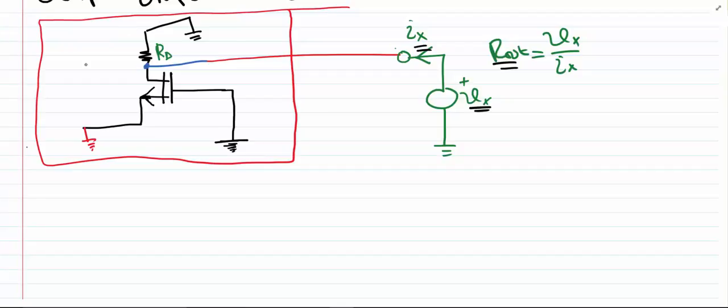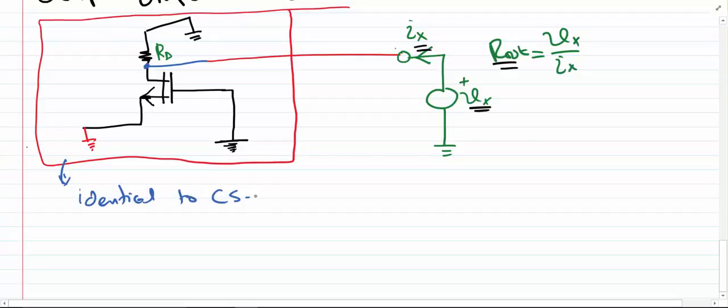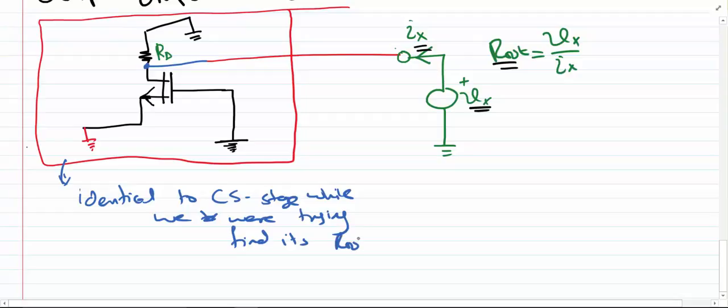Now this circuit is identical to the common source stage where we were trying to find its output impedance.